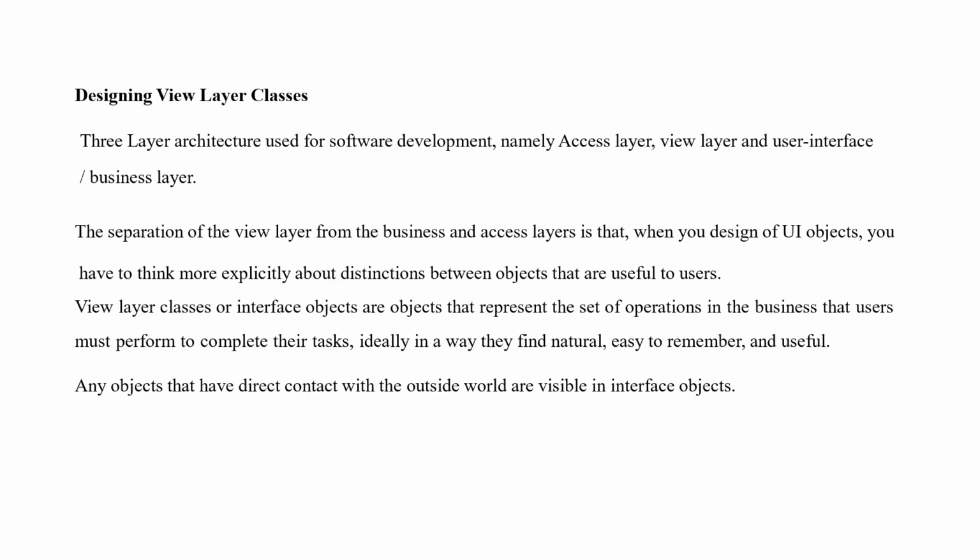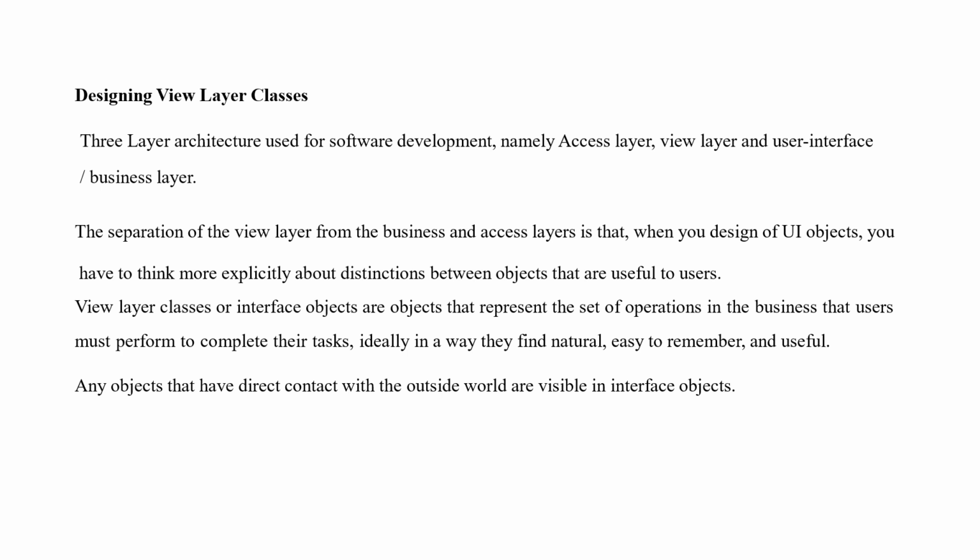In designing view layer classes, there is a three layer architecture used for software development, namely the access layer, the business layer, and the view layer or user interface. The separation of the view layer from the business and access layers means that when you design UI objects, you have to think more explicitly about the distinction between objects that are useful to the user.